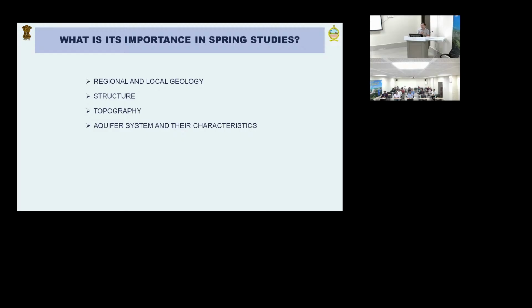When we talk about spring shed management, not every spring is feasible for it, because it depends on the aquifer system and the aquifer characteristics in that particular area. So before going for spring shed management, we have to know the aquifer system existing in that area, the geological conditions, and the structure. So it's very important before going for spring shed management.